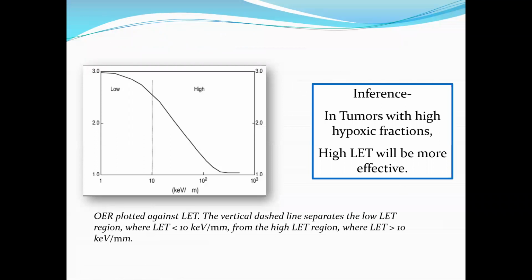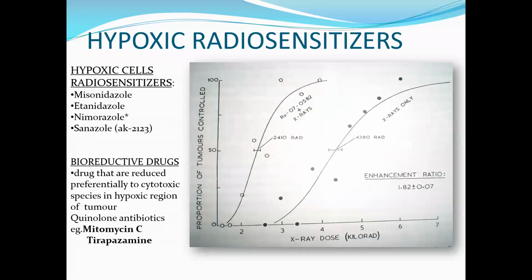Okay, so this is a curve. This we'll discuss in that LET, RBE, OER. Hypoxic radiosensitizers, these are the ones. Hypoxia is a big problem, and it has been thought that the basic reason for tumor local control failure is hypoxia. Because when the tumor cells grow, the center becomes necrotic and the periphery remains oxic.